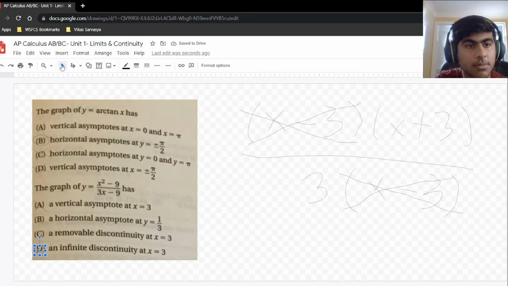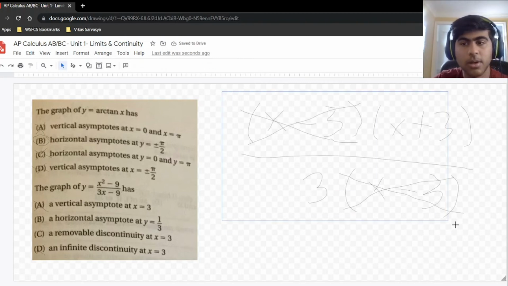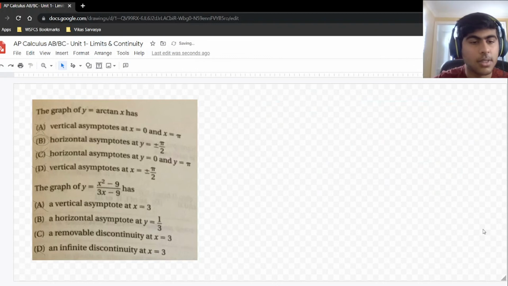Now remember from before how to evaluate limits at infinity, right? Now the degree of the numerator is 2. The degree of the denominator is 1. The degree of the numerator is bigger than the degree of the denominator. So the limit is infinity. This function goes to infinity.